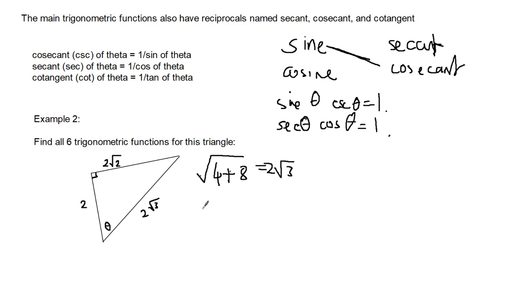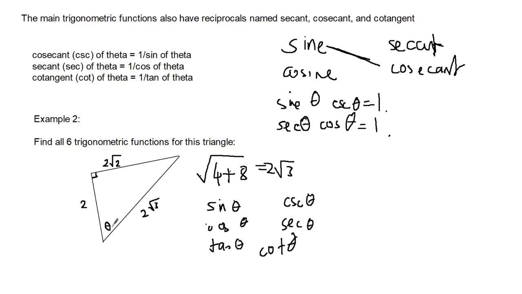Right, so sine of theta, cosine theta, tan of theta, cosecant of theta, secant of theta, and cotangent of theta. This is how you write cotangent, it's COT.